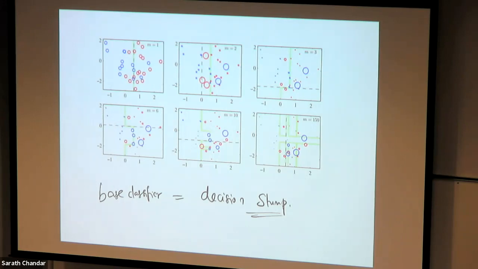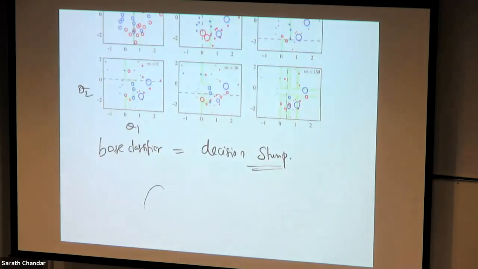For example, in this case you have two features, theta 1 and theta 2, in the data in this task. So you can have one decision stump which checks if theta 1 is greater than 0.